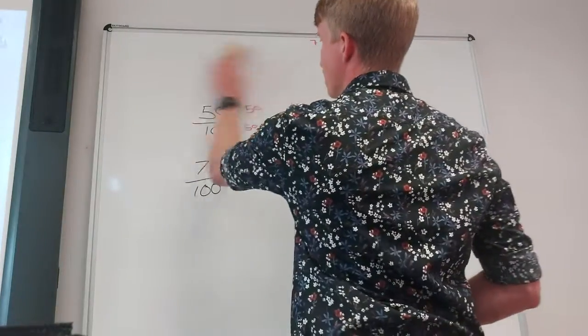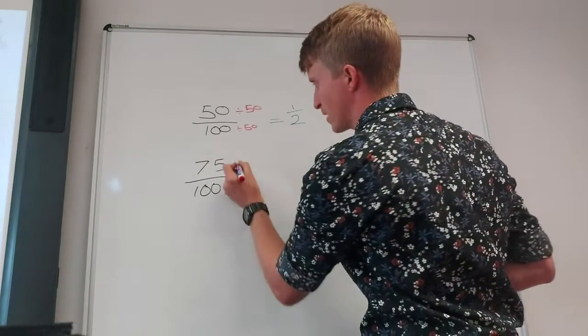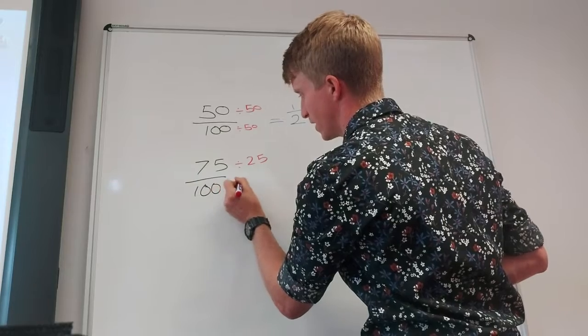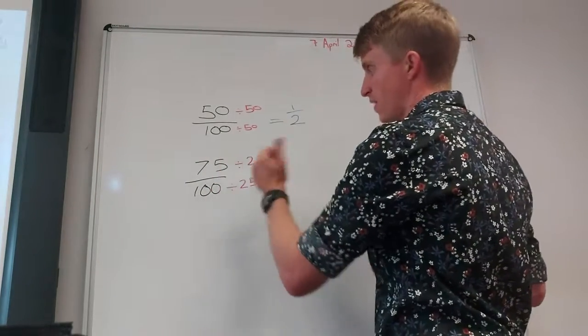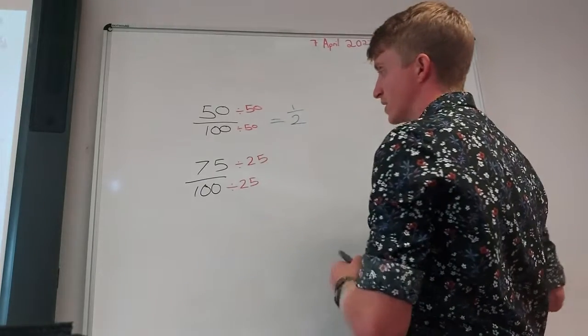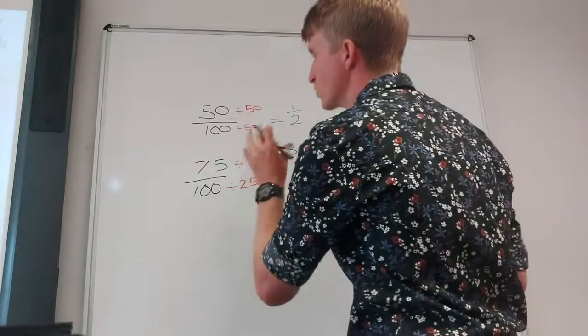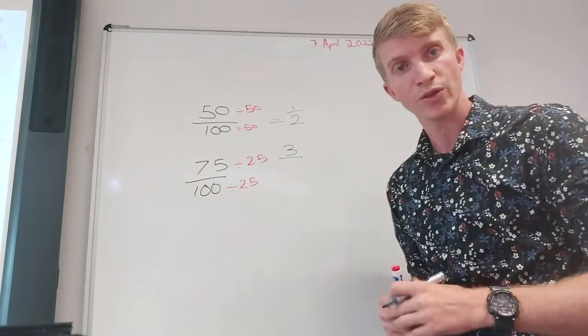So 75, we're working with that one, divided by 25, divided by 25. 75 divided by 25 gives us 3. If you don't know that, you can always do a long division or just learn those multiples.